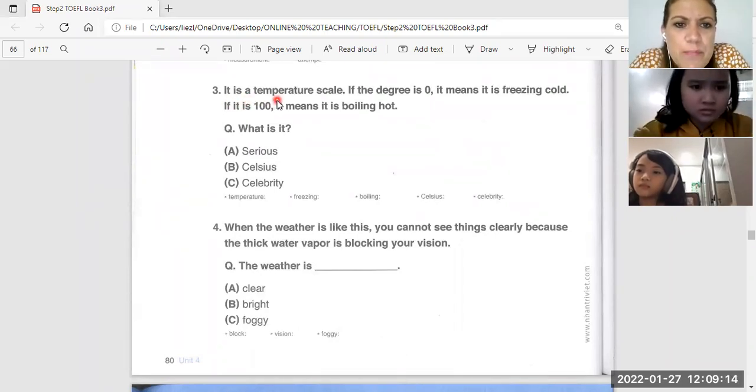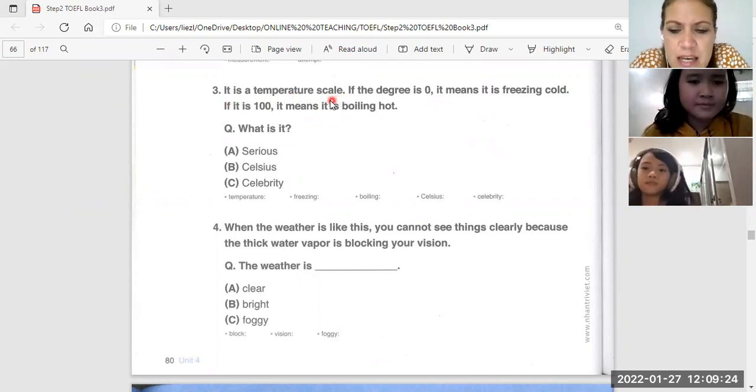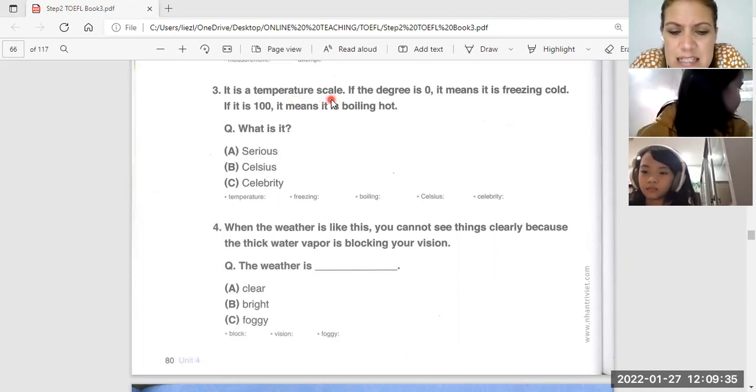It is a temperature scale. Okay, Pyongni, let's read there. It is a temperature scale. is a temperature Temperature scale. Scale. Temperature scale.